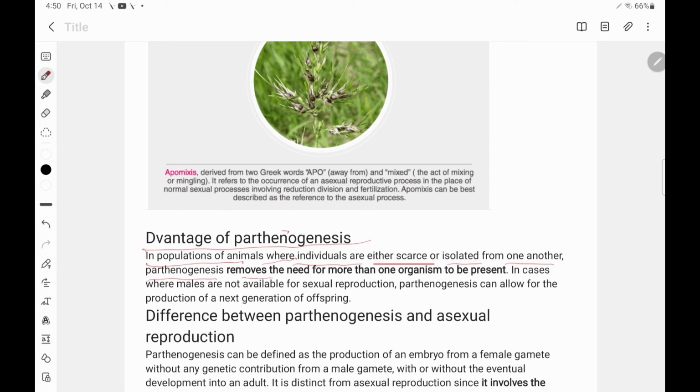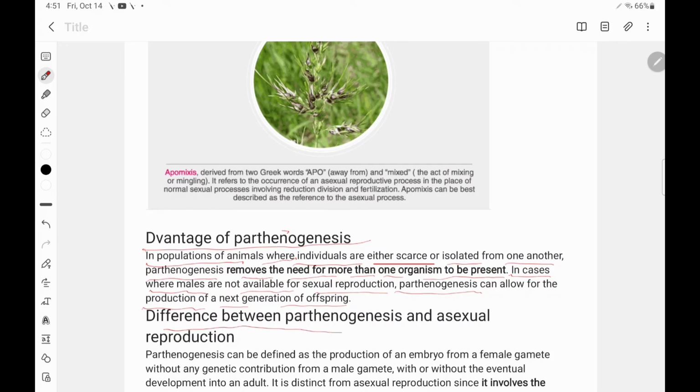Parthenogenesis removes the need for more than one organism to be present. Where males are not available for sexual reproduction, parthenogenesis can allow the production of a next generation of offspring. Another advantage: if male and female have not completed their sexual process, the egg can develop parthenogenetically.